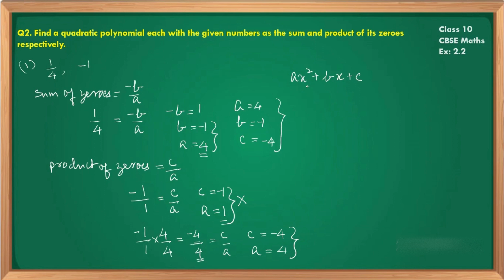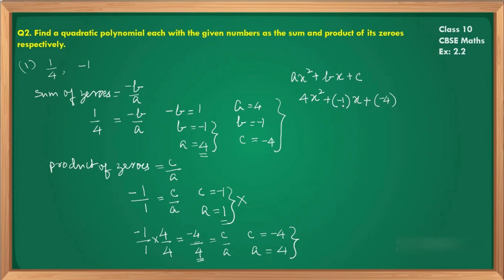This is the quadratic polynomial. Now we know the value of a, which is 4. So put 4 and then x square, put plus as it is. B, here it is minus 1. Put minus 1 and then put x as it is, plus c. C is minus 4.